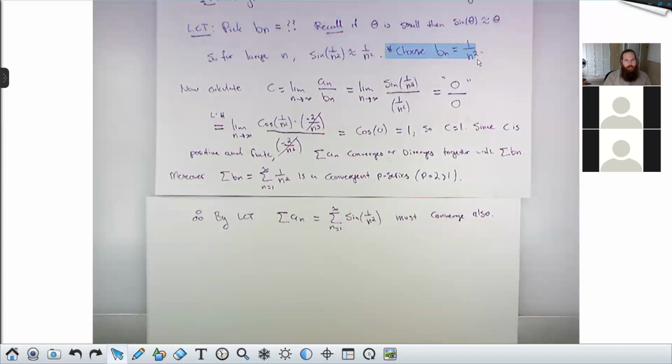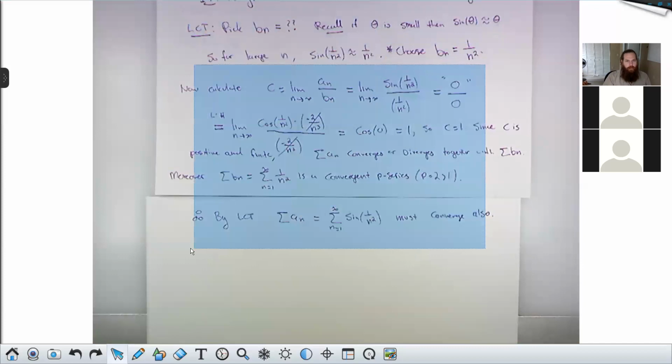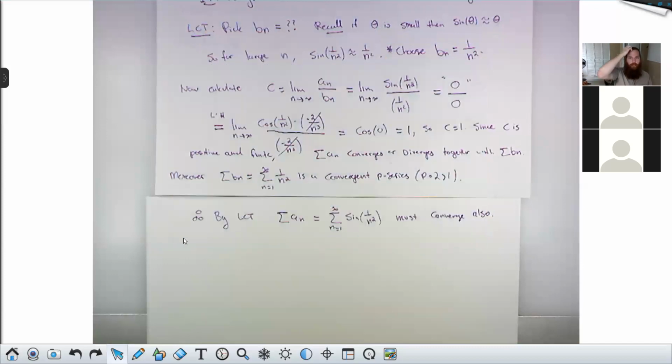But really, the solution starts here, and then it's just this stuff. It's pretty quick. Series like this, trigonometric series where the things you're adding up come from trig functions, tend to be hard to work with because the numbers they spit out are not nice numbers. But the limit comparison test will allow us to handle them.